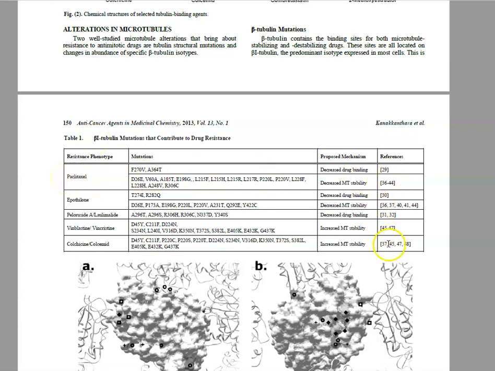A lot of these are done in cell culture studies, and what these mean is, so for paclitaxel, F270V basically means a mutation that changes phenylalanine at amino acid 270 to a valine of the tubulin beta 1 coding sequence, and that will reduce paclitaxel drug binding.